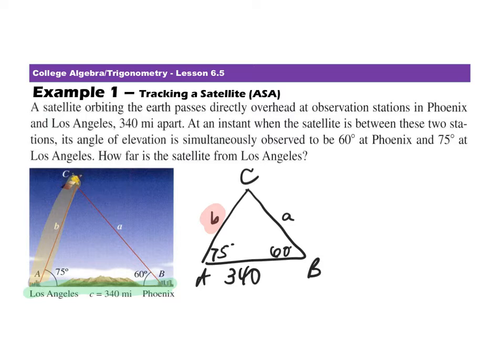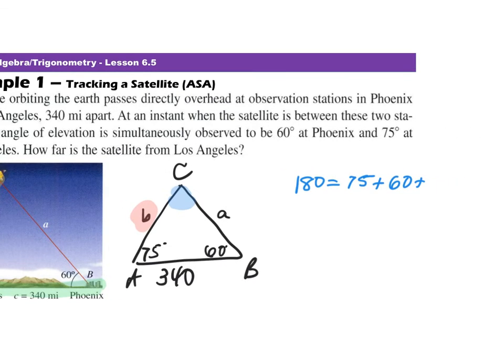Now, this is not a right triangle, so we can't use right triangle trigonometry. We have to use the law of sines. So first of all, we figure out what degree measure this angle is. How many degrees are in the whole triangle? There are 180 degrees in the entire triangle. I know one angle is 75, I know the other angle is 60, and I don't know the last angle.